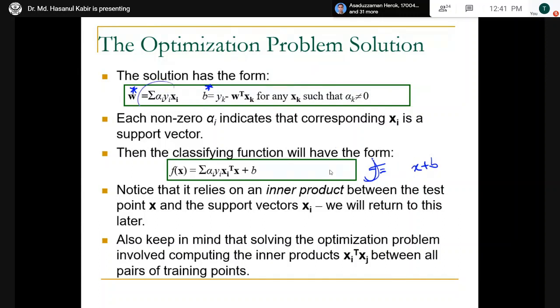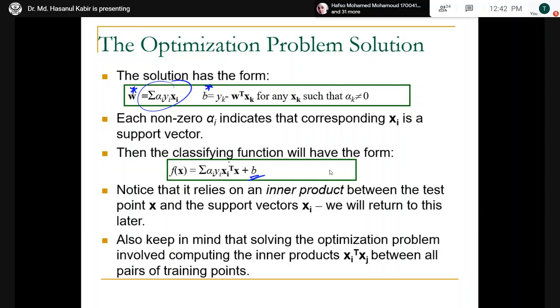But again, I can see that the value of W can be written like this. Here this part is your W transpose, and of course you have your B over here. Because of this W transpose, you have your X transpose there.